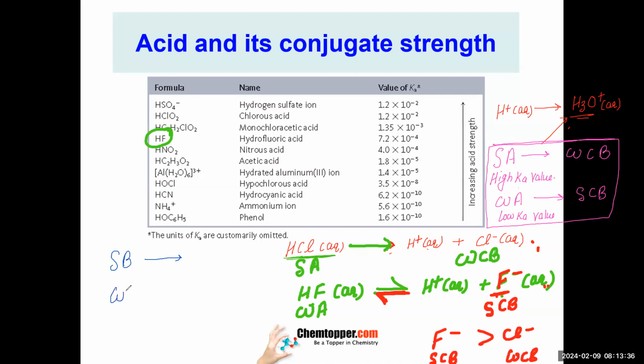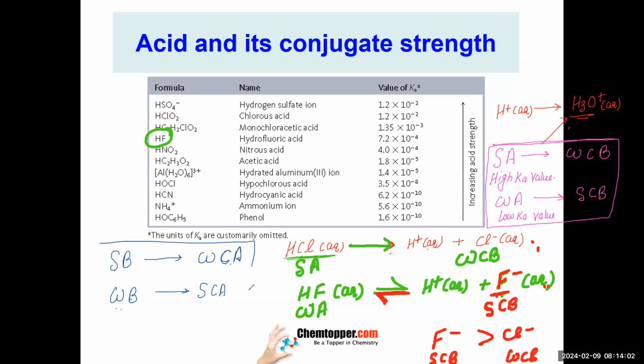If there is a weak base, yes, please complete this. A strong base will give you conjugate acid strong or weak? Yes, weak. A weak base will give you strong. Same concept, same explanation, same understanding.